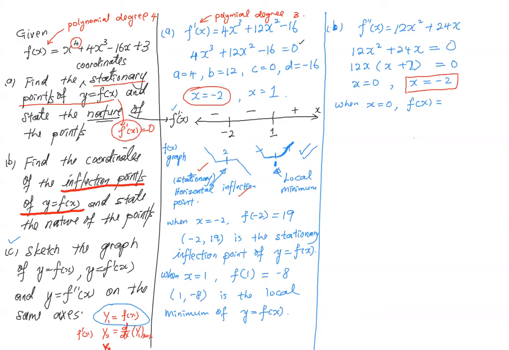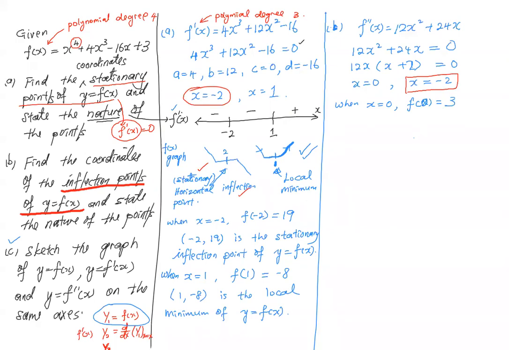Can someone give me the answer? When x equal to 0, what is f(0)? 3.